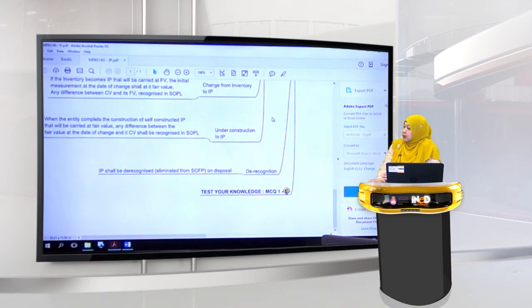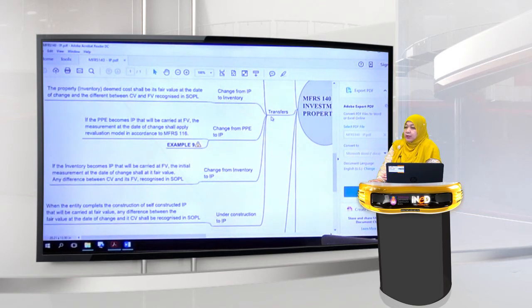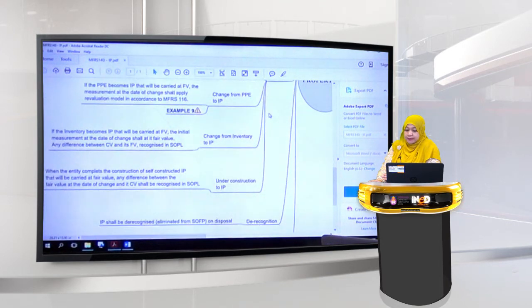So this is how you're going to treat your investment property if it changed the status from one MFRS to another MFRS.